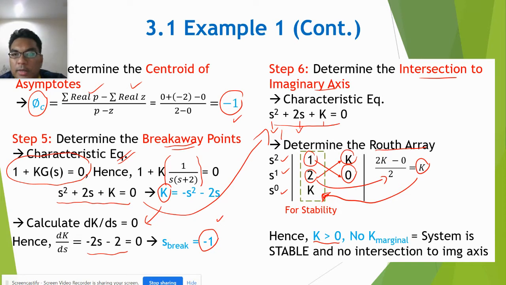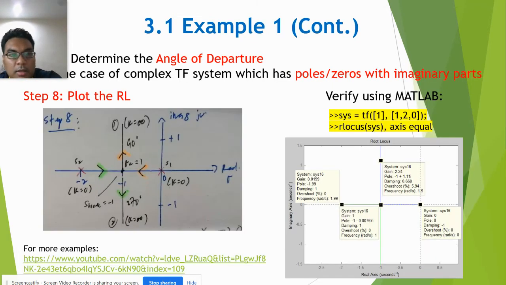For this simple one, there are no points at the imaginary axis, so we know that the system is stable. The next step is to determine the angle of departure. We don't have a complex form of the transfer function in terms of poles and zeros with imaginary parts, so there is no need to proceed with this step. And now we have all the information to plot the root locus.